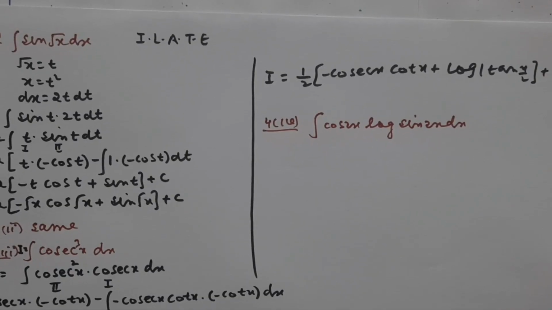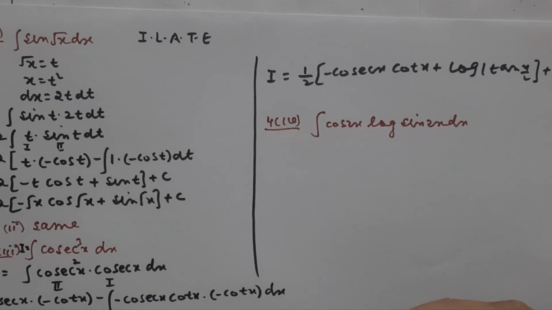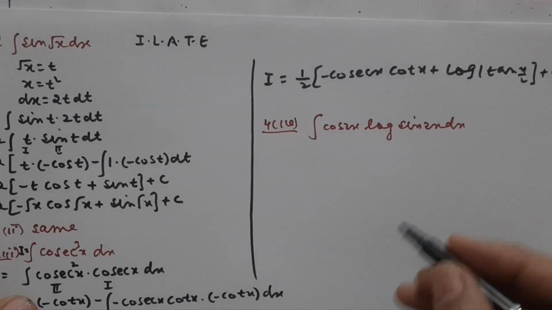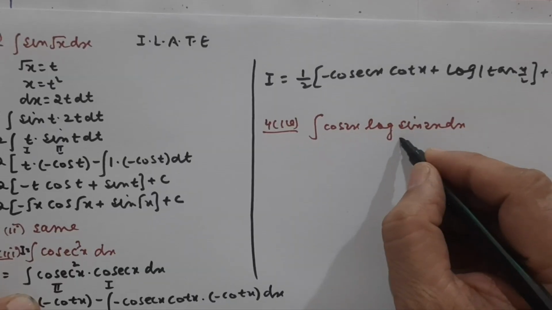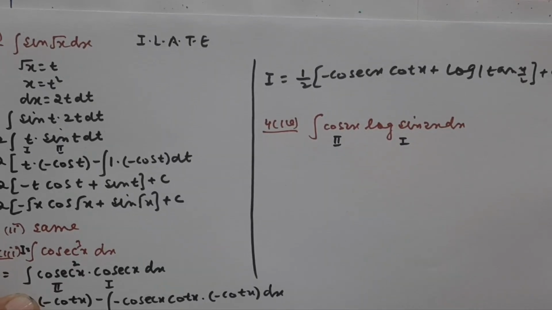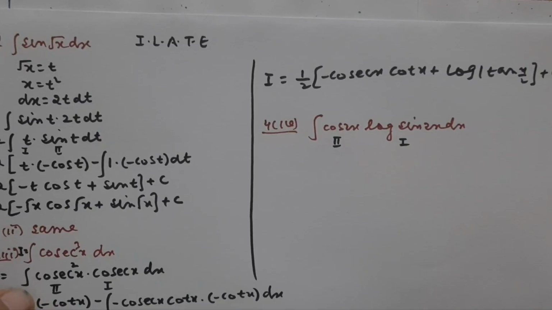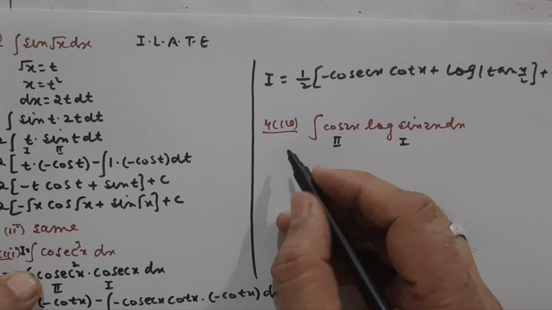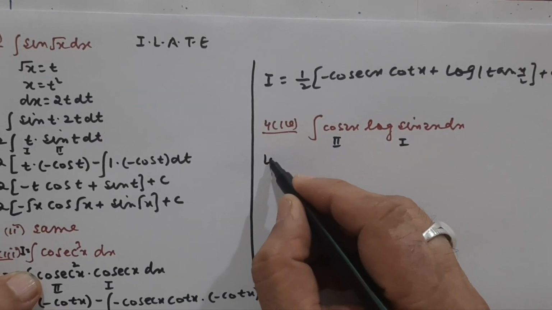Next part is cos 2x into log sin 2x. Now here we have two functions, one is log function and other is trigonometric function. So according to ILATE, we will take log as first function and cos 2x as second function. So now integrate.